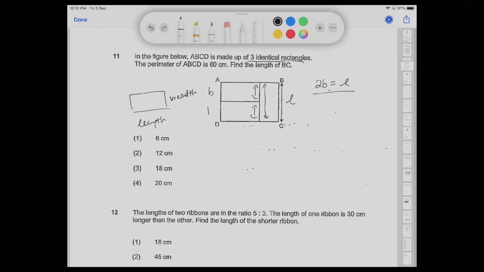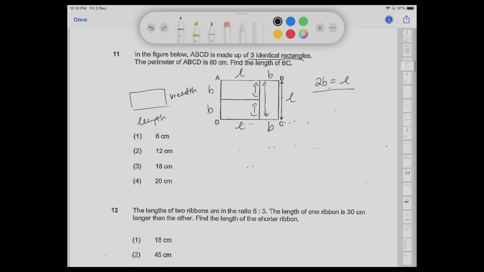So if we fill up these numbers, there's 2 of its breadth here. Here this one is 1 of its length, 1 of its breadth. L, B. So if we do some algebra, we get 4b plus 3l equals 60.